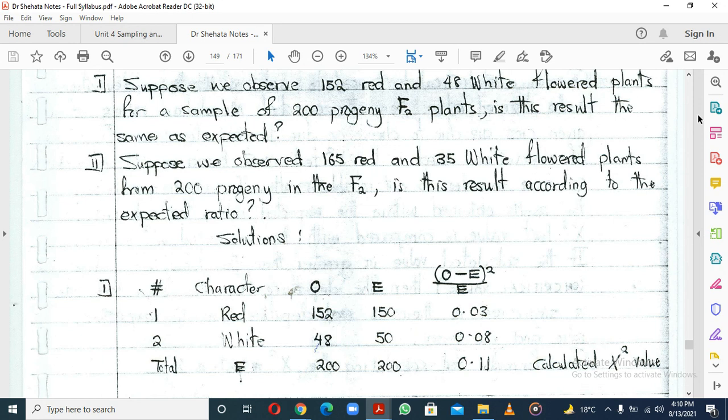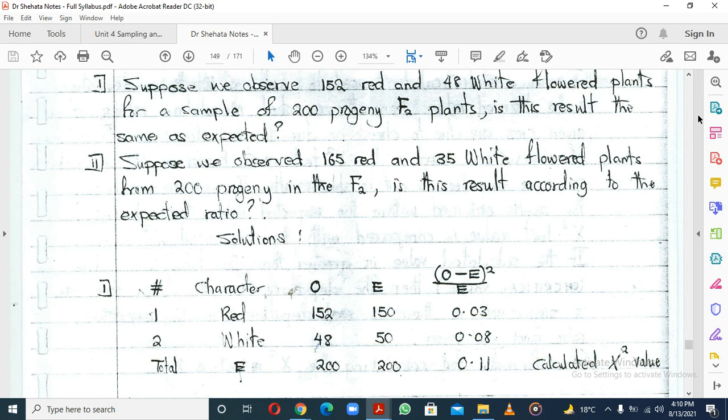So what you do here, you write a table. The first solution is this one, right? Don't look at the table from anywhere else, start with me. We are starting with the first column. The first column has that hashtag, which is simply for number: number one, two, and the total.